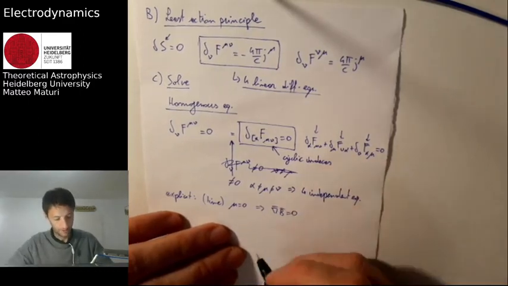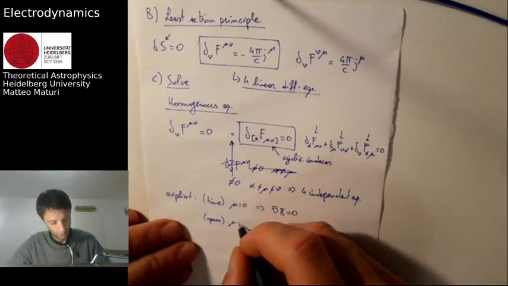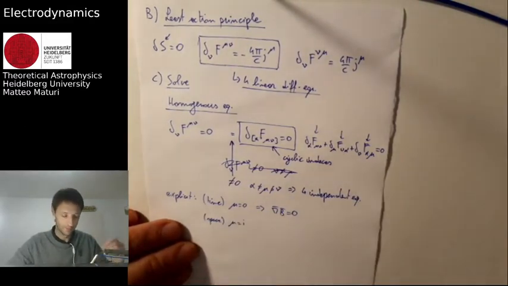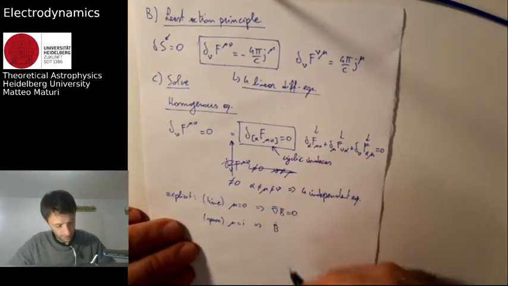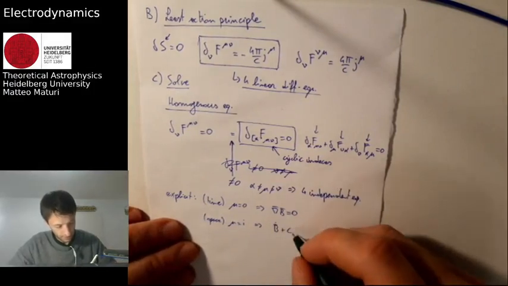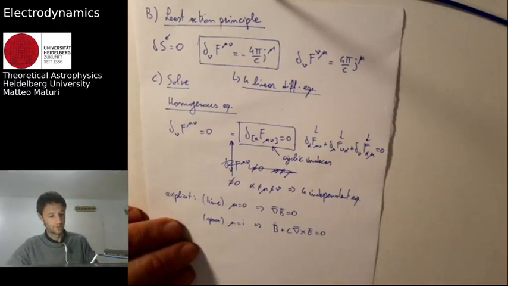Then we look for the space components, μ equal to i, 1, 2, and 3, and we get the time variation of B plus c curl of E equal to 0. So these are Faraday's law and the divergence law.